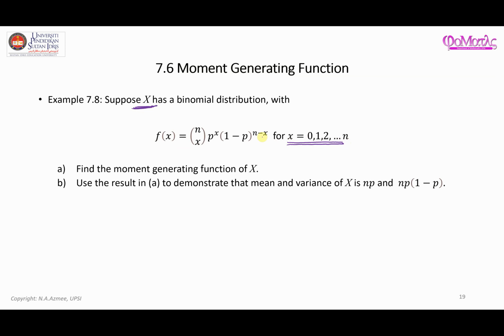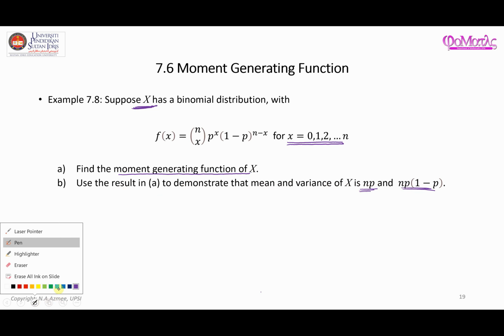This is something you have seen before. The first question asks you to find the moment generating function of X, and then use the result in A to find the mean and variance of X, or to demonstrate that the mean and variance of X are indeed these values here.